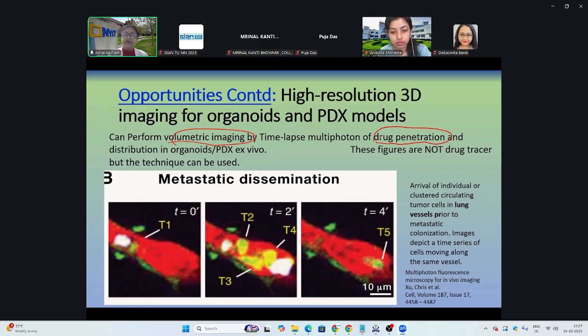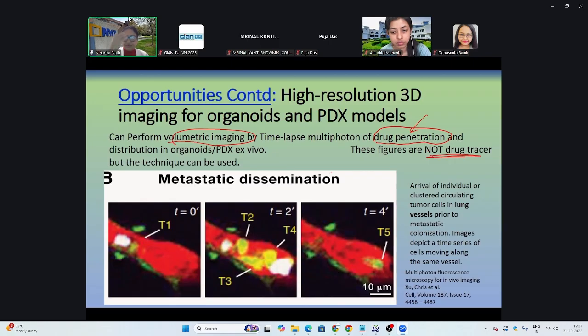So it's an opportunity to use multiphoton microscopy for examining: did the drug go in? If I'm giving it a drug, does it go into each of the cells? Is it taken up? So this figure that I'm showing you is not for drug tracing because that has not been done, but the technique can be used.